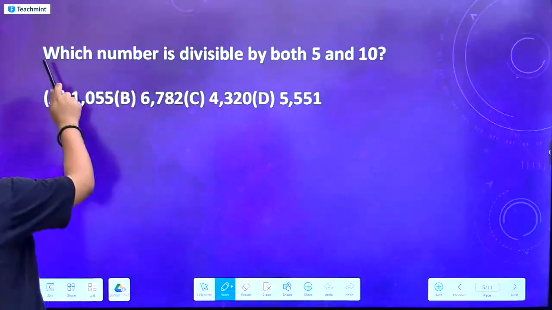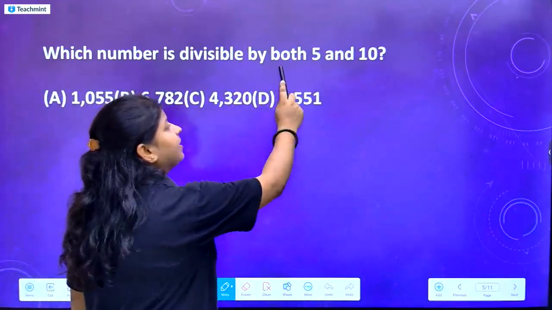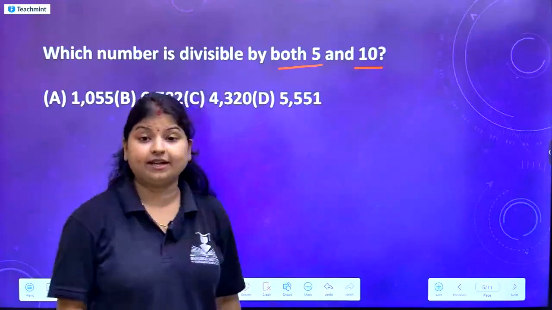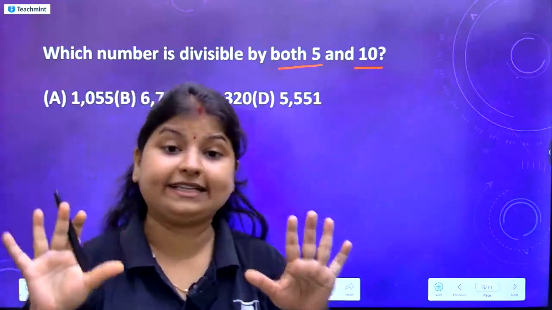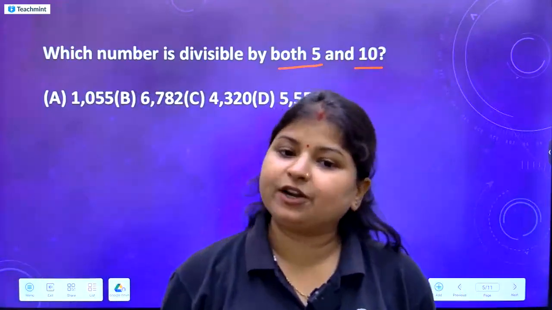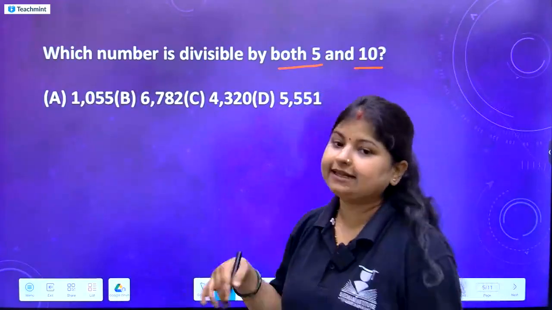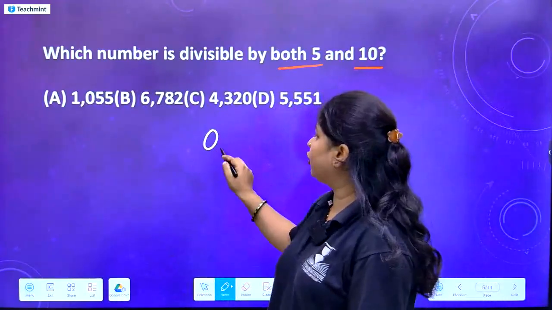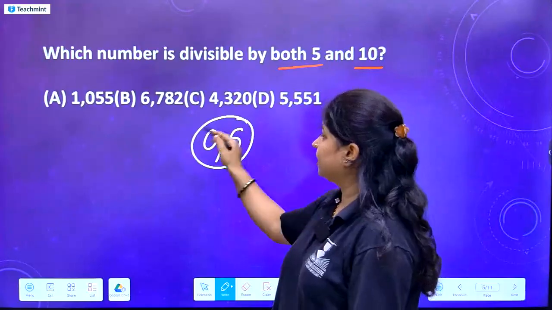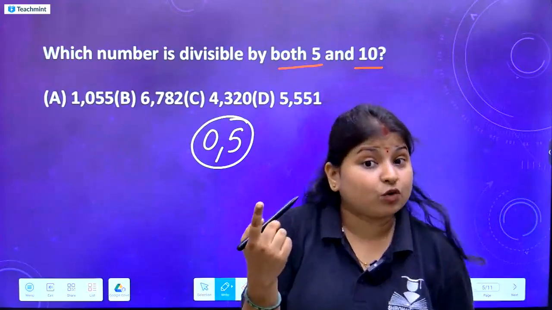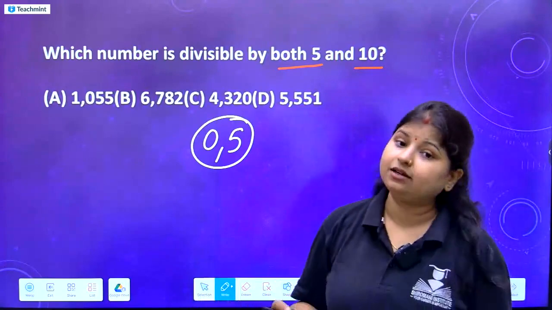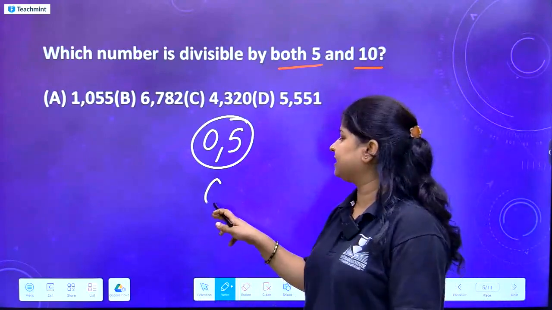See, which number is divisible by both 5 and 10, right? Divisibility rule of 5 I know: at the end, it should be 0 or 5. But divisibility rule of 10 says that at the end, it always has 0.